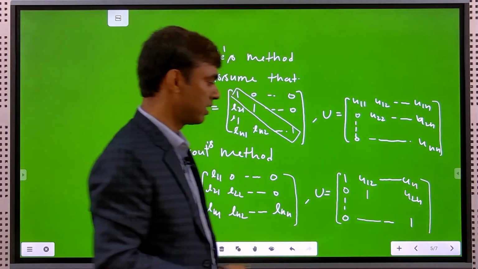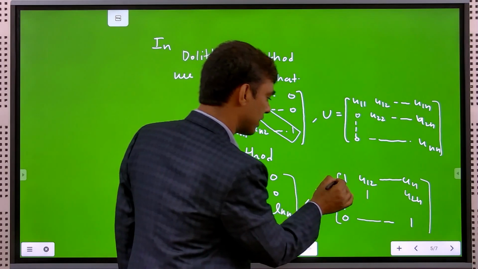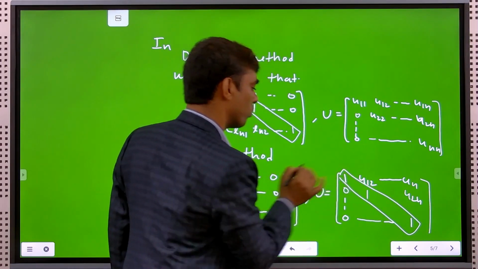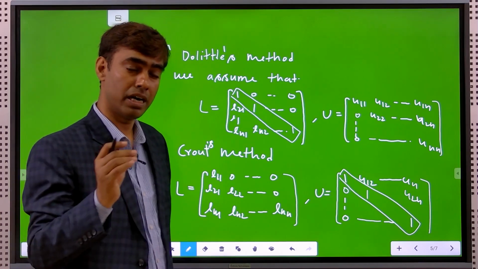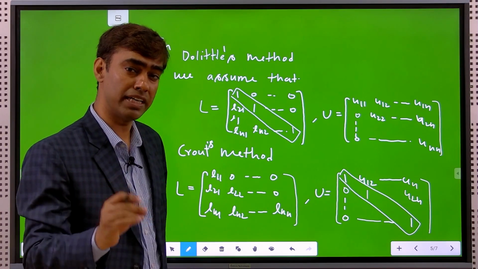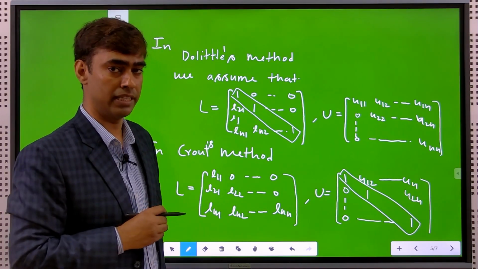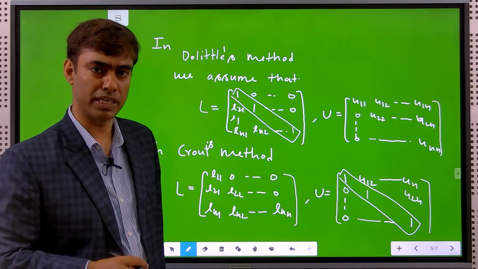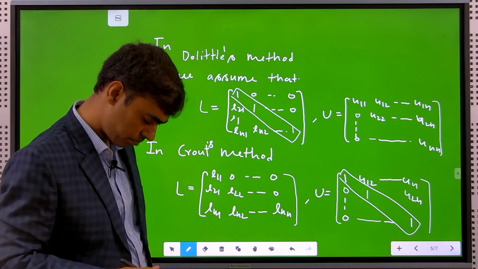This means in the upper triangular matrix, the diagonal elements become 1. So the number of unknowns again reduces from n square plus n to n square. Now the number of unknowns equals the number of equations, so we are able to find a unique solution.